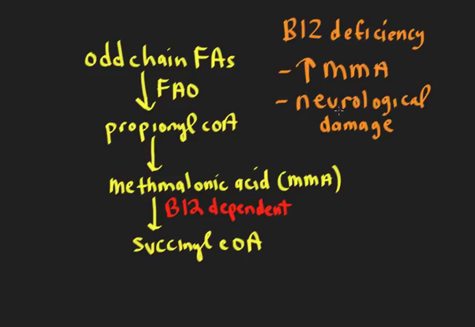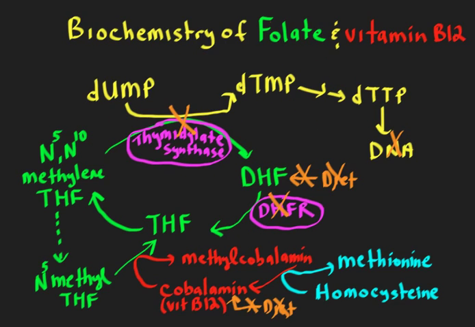So all of these things are specific for B12 deficiency. You don't see that in folate deficiency or any of the other megaloblastic anemias. So it's important to remember that, because if we go back to our picture of how all this works, we said that if someone was B12 deficient and you gave them folate, yes, you'd correct their anemia, right?